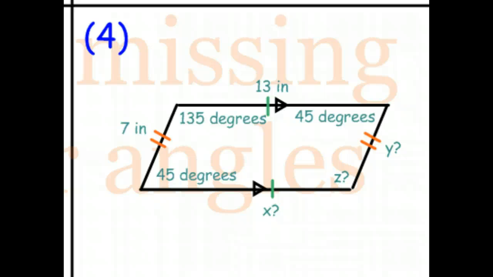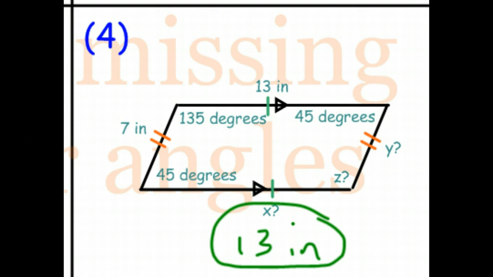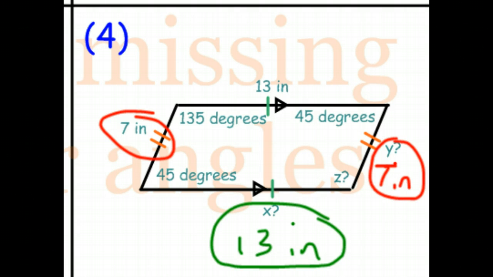The two sides on the top and bottom are equal because we can see the vertical green line, so that means that x is equal to 13 inches. The two sides on the left and right both have two diagonal orange lines, so they are the same length. That means y is equal to 7 inches. And finally, we're left with the angle.